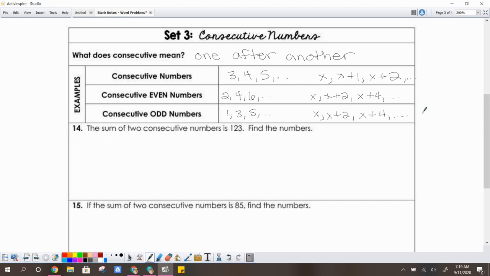Okay, so for number 14, it says the sum of two consecutive numbers is 123, so find the numbers. So our first number is going to be x. Okay, so first consecutive number is x. And then, since it's consecutive and it's not saying between odd or even, x plus 1 is going to be the next one.